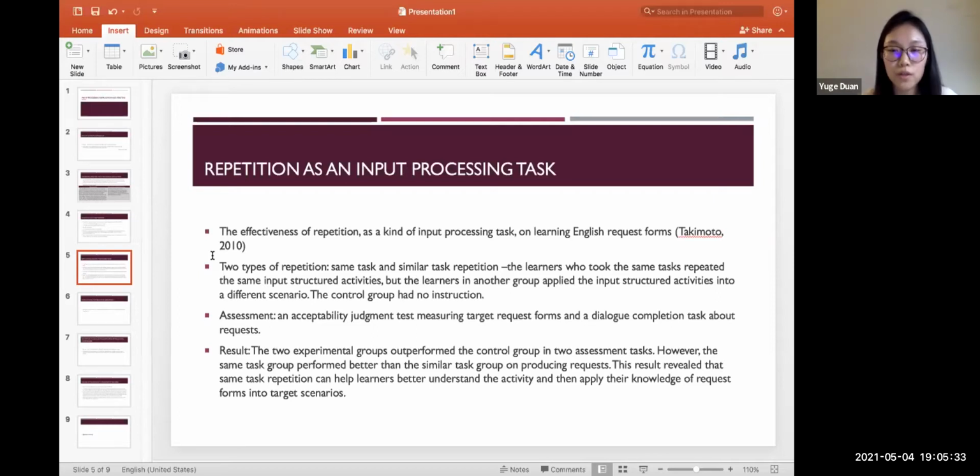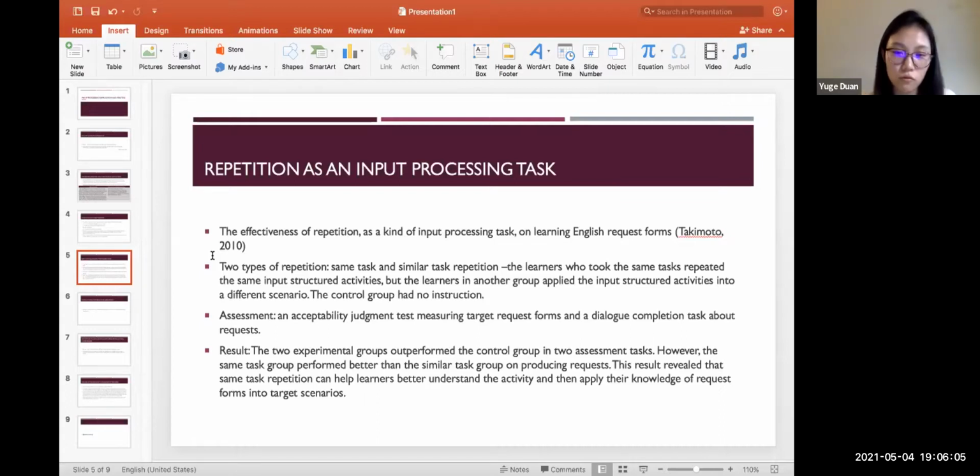So the learners who took the same task repeated the same input structured activity, but students in similar task repetition needed to apply the input structured activities into a different situation to examine how well they learned, how well they can perform from a pragmatics perspective.